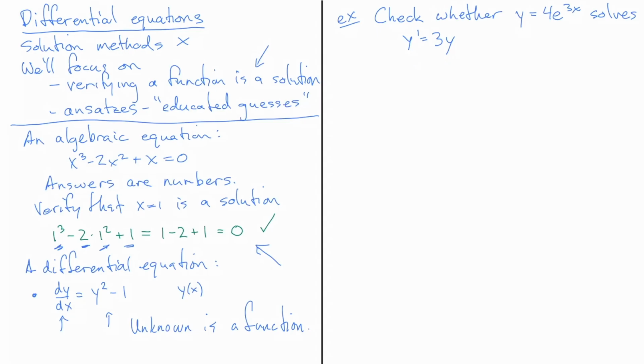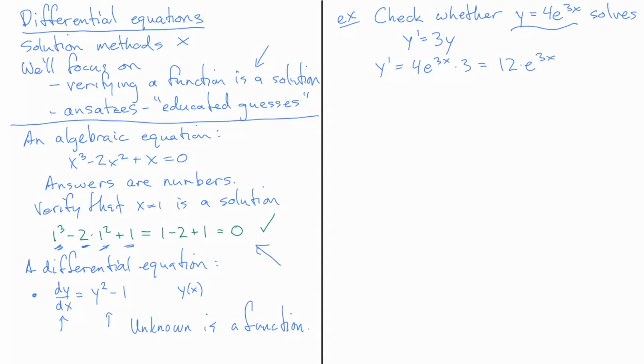So I'm going to take its derivative, y prime, and now I'm thinking about this function up here. So I take the derivative of 4 times e to the 3x, there's a chain rule, and I end up with 4e to the 3x. Derivative of an exponential function is itself, but now by the chain rule I have to multiply by a 3, and there I get 12 times e to the 3x.